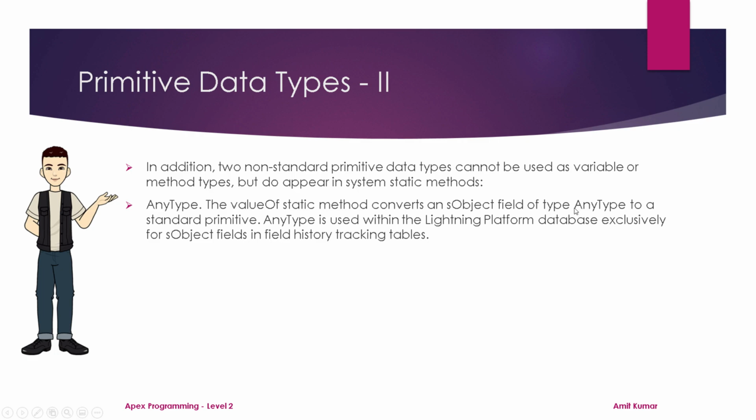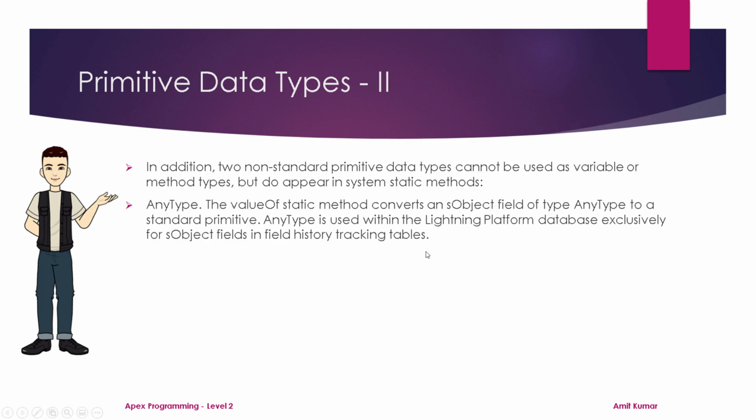There are plenty of terms in this definition which I think would overwhelm you right now. But see, there is a valueOf method, which is a static method that converts a field of AnyType to a standard primitive type. AnyType is basically used on the Lightning Platform database and for field history tracking tables.